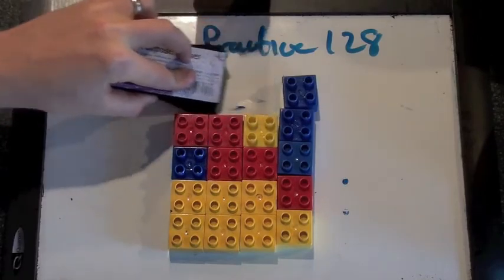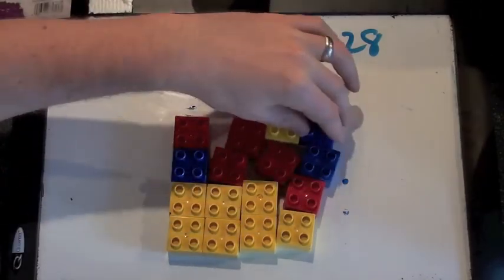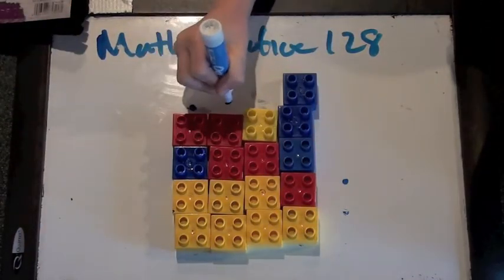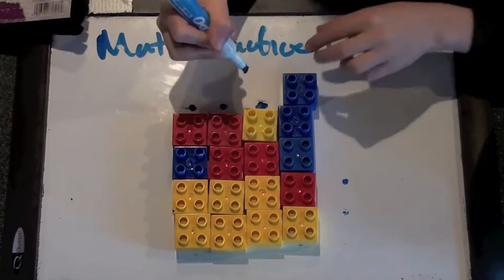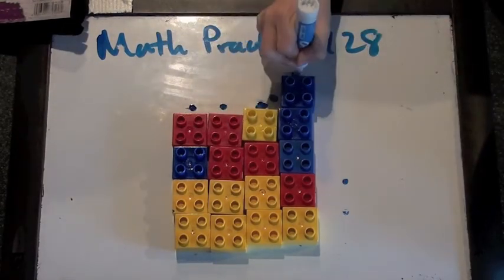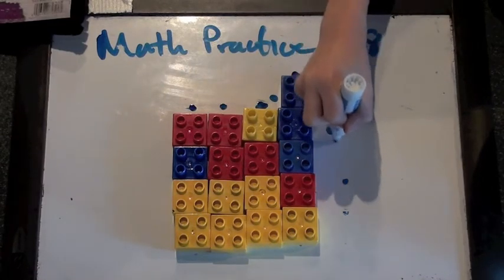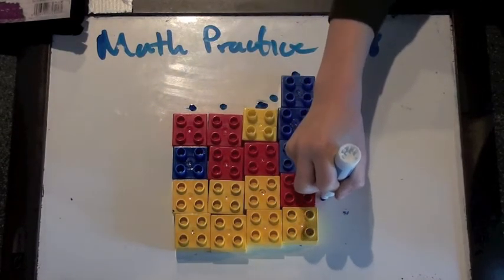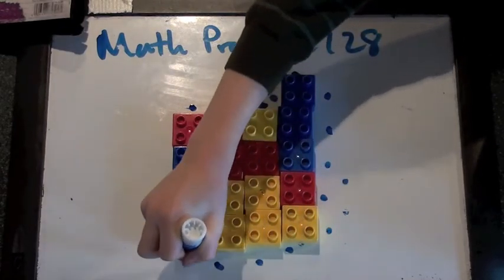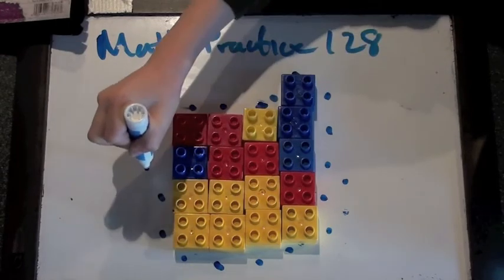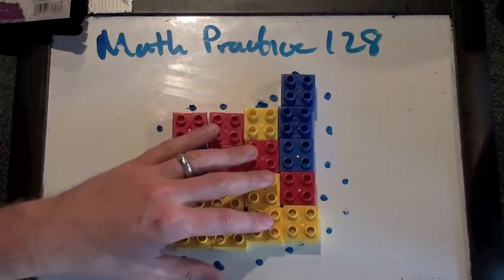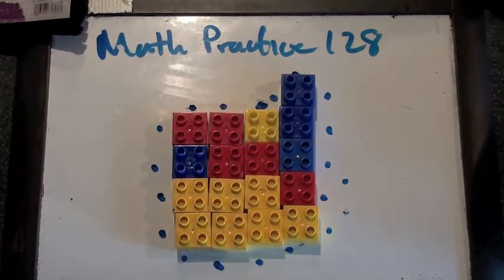Why don't you be a little more careful? 1, 2, 3, 4, 5, 6, 7, 8, 9, 10, 11, 12, 13, 14, 15, 16, 17, 18. Aha! If we have a 4x4 square and we just add 1 block to it, it still has perimeter 18.